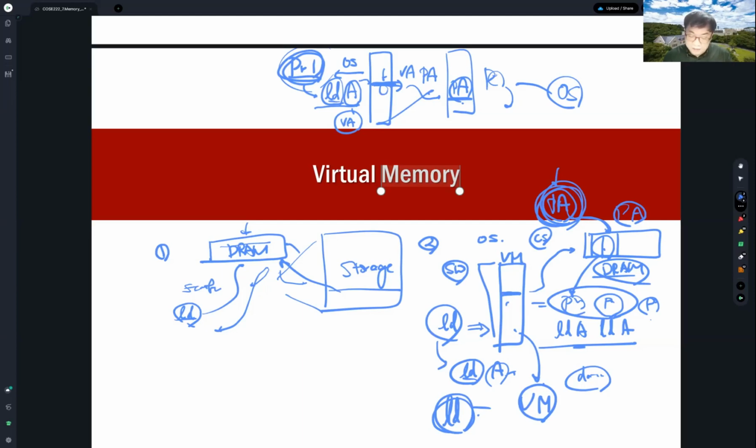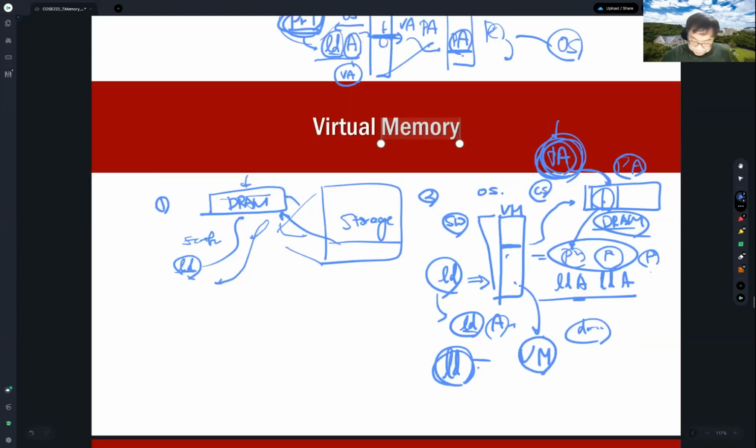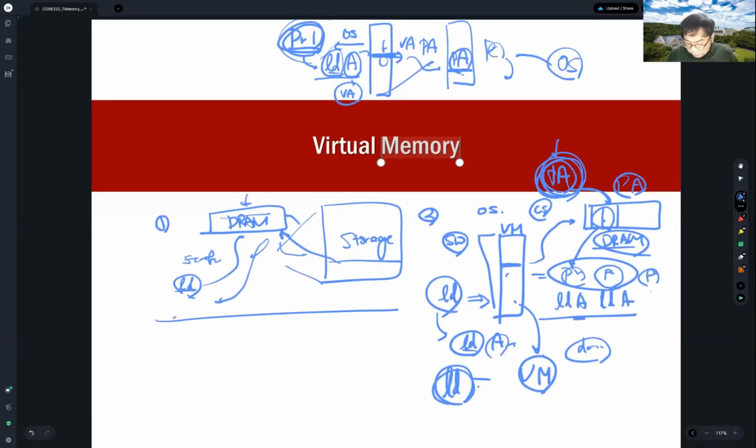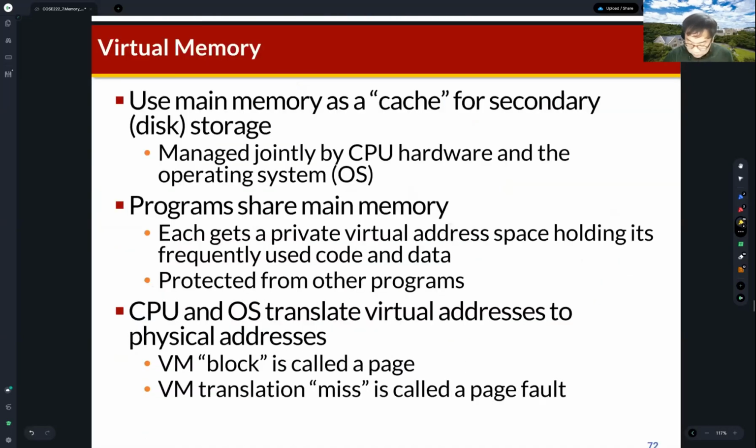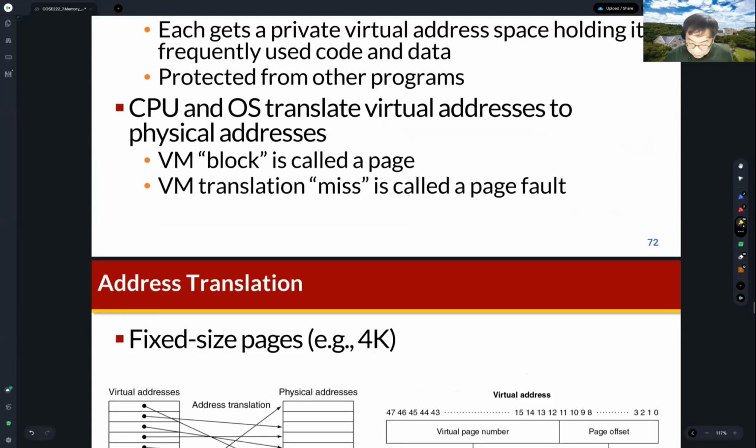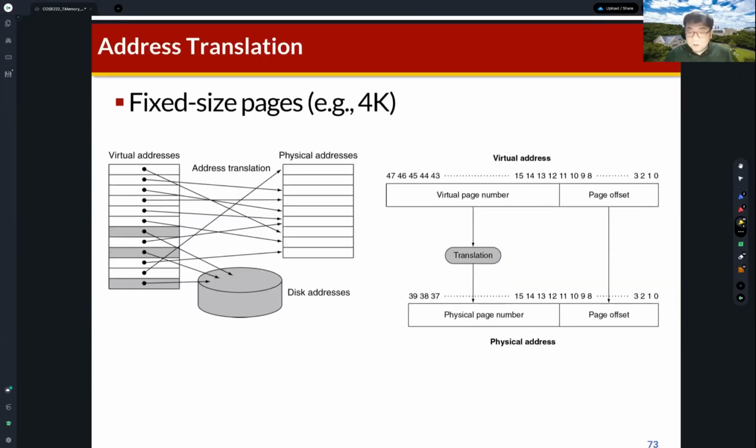It's called the TLB. But the original purpose of the virtual memory system is to use the physical memory like a cache. Okay, so this is the concept of the virtual memory.